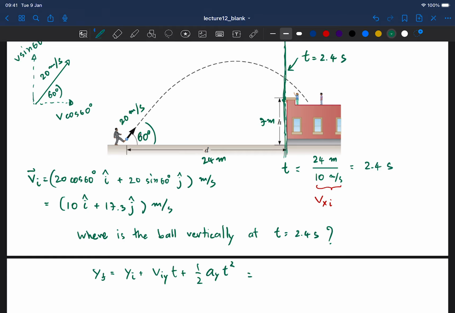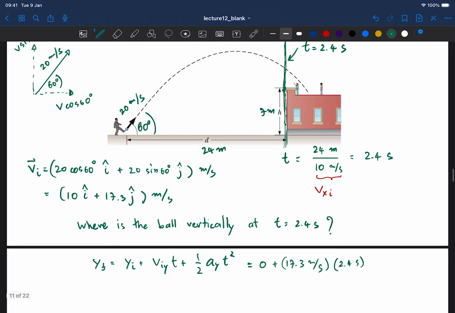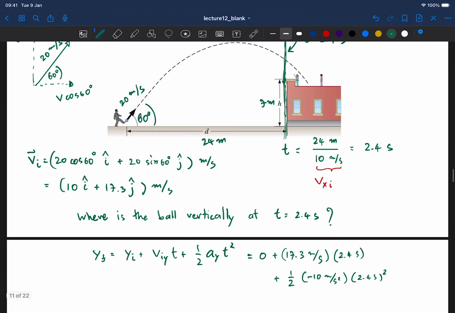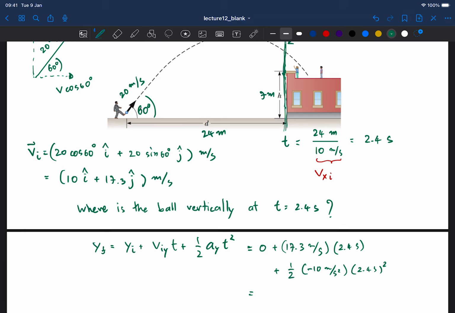The initial height is 0; I didn't talk about this, but we can set it to 0. So 0 plus vertical velocity, 17.3 meters per second, times 2.4 seconds, plus 1/2 times acceleration, minus 10 meters per second squared, times 2.4 seconds squared.